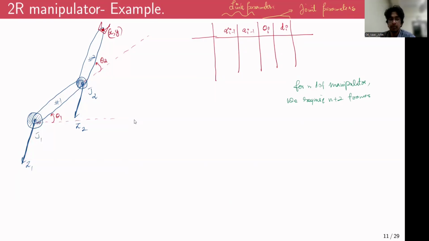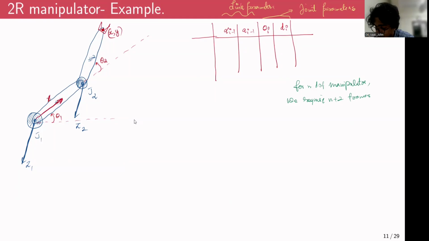But you will see it is more convenient if you orient x1 along the direction of the link. By practice, you will get to know that if you align the x-axis along the link lengths, that will be more convenient. So I'll fix x1 like so.